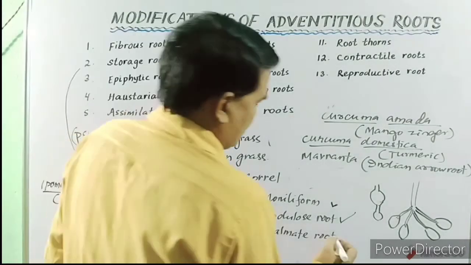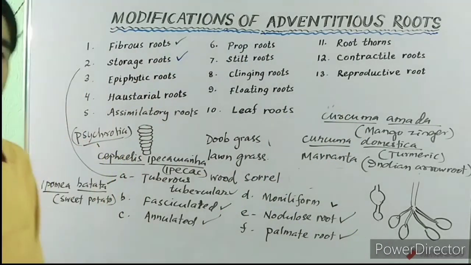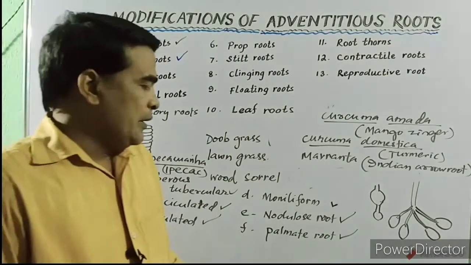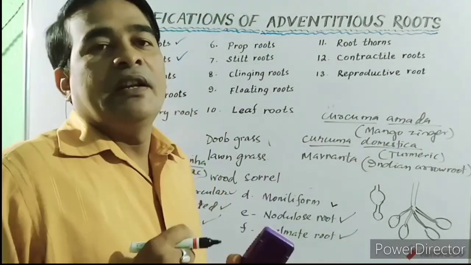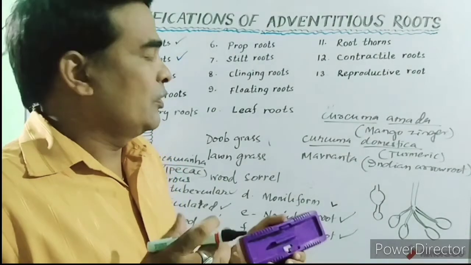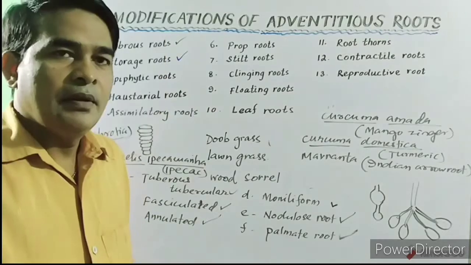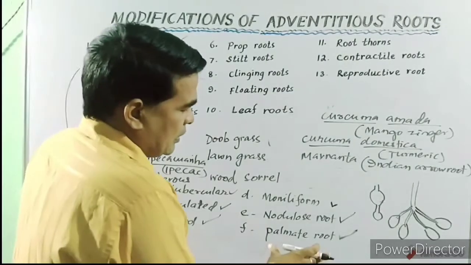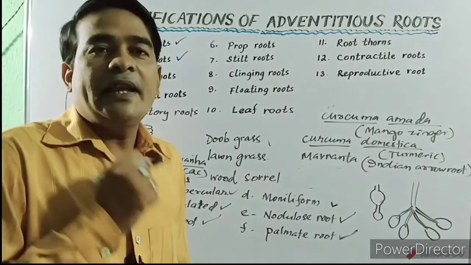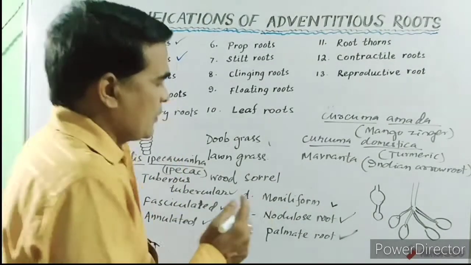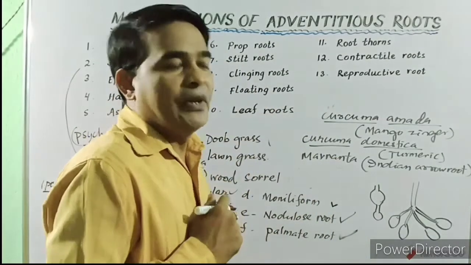Then the next type is the palmate root. In palmate roots, finger-like outgrowths develop from the swollen root to give a human palm-like appearance.